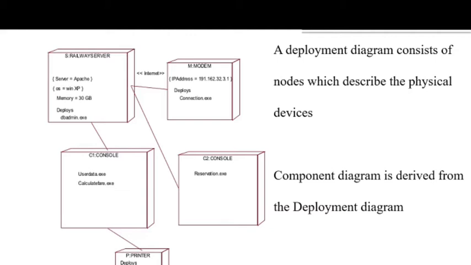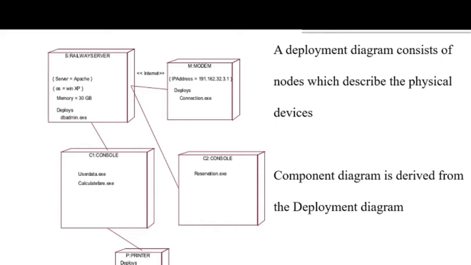Then we have the console node which has the executable file reservation.exe, which is linked to the railway server. The railway server runs on the server software Apache with operating system Windows, as you can see, and that has other specifications such as memory and so on.